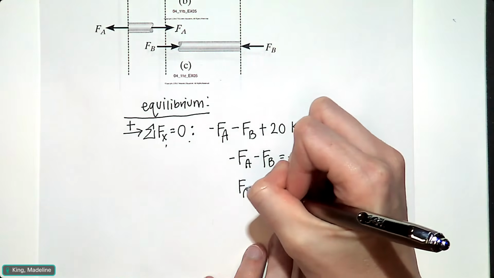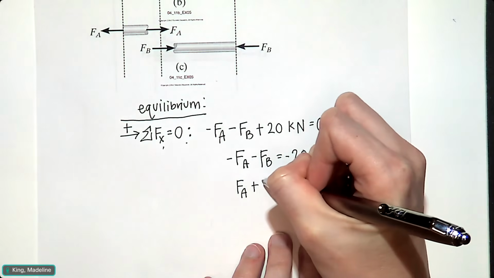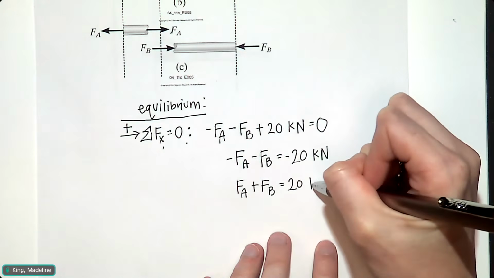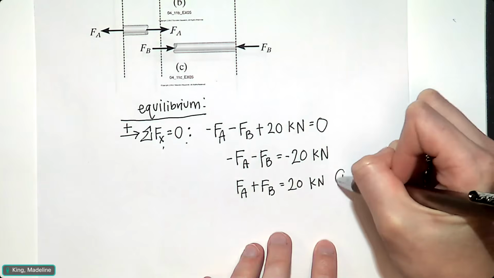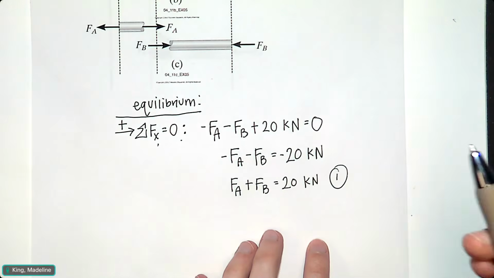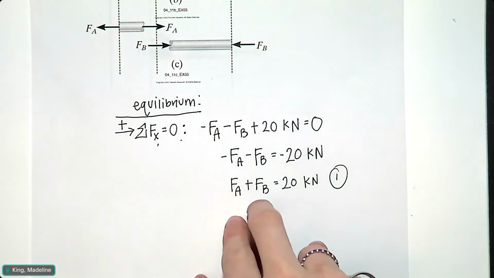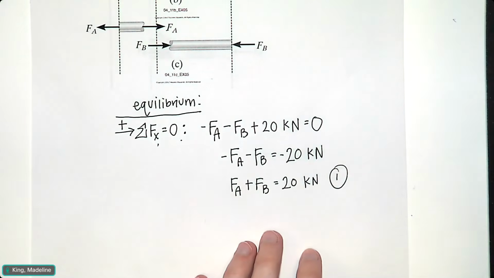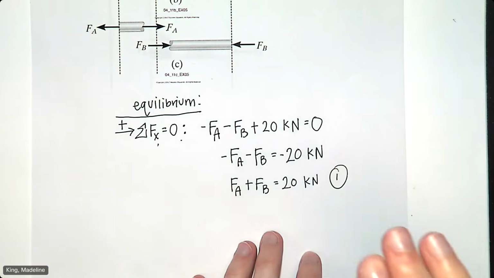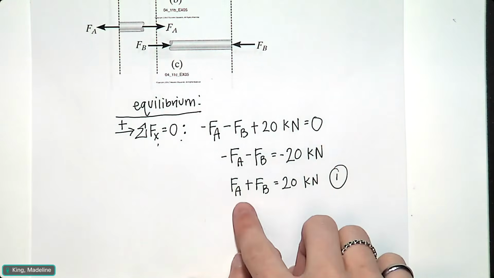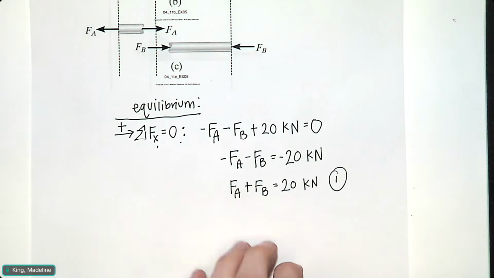So this will end up being FA plus FB is equal to 20 kilonewtons. So usually when we're working out these kinds of problems, we haven't had two unknowns. So this is new to us. So we need to figure out another way to get another equation that also has FA and FB in it. Okay? Is everyone done writing? So I can go to the next page.